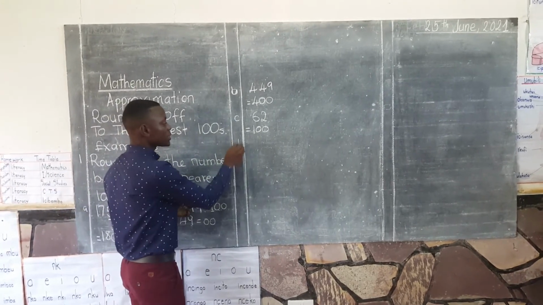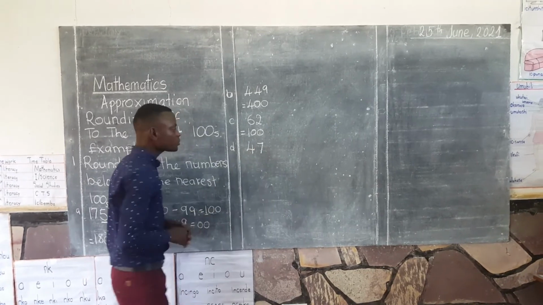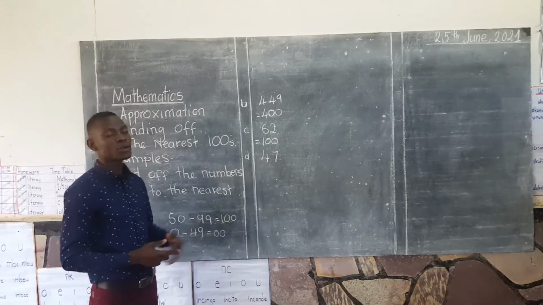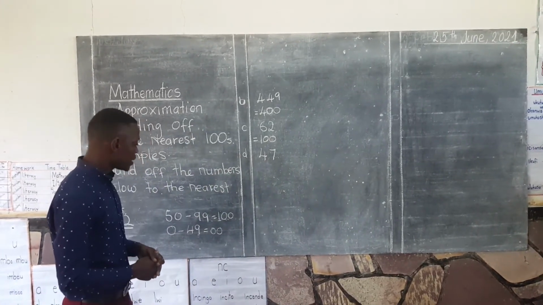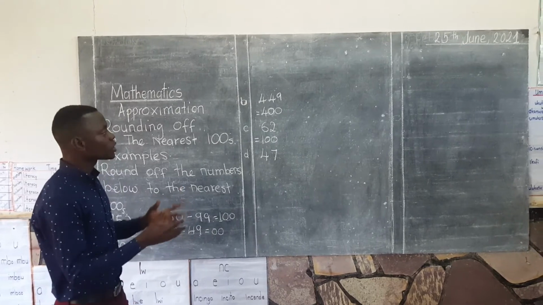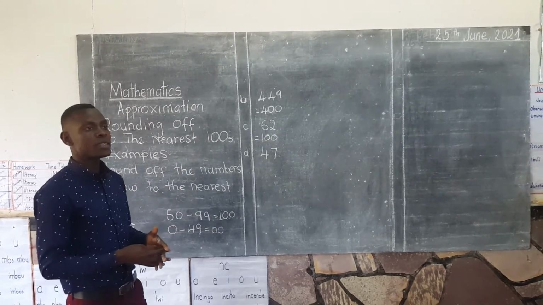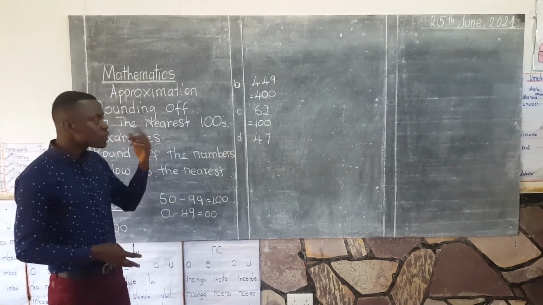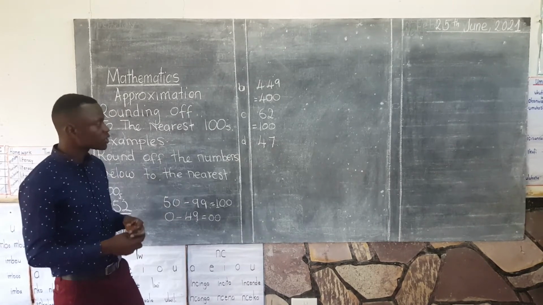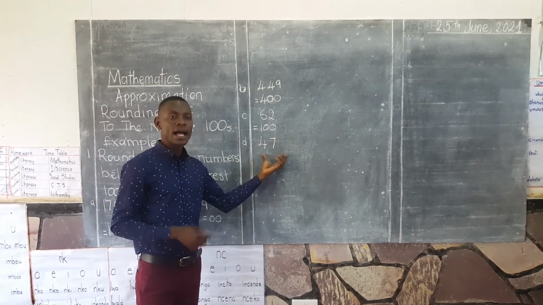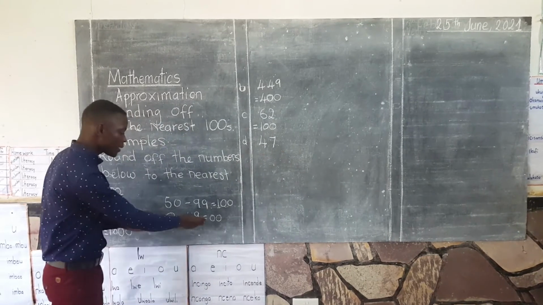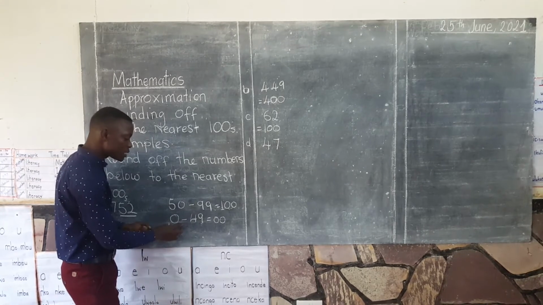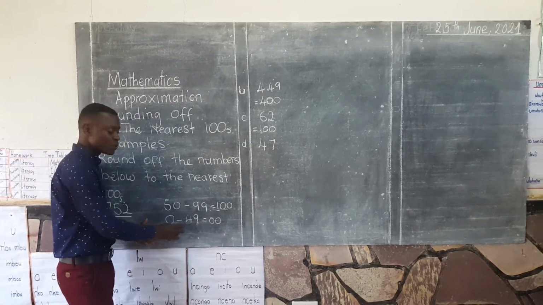Let's also look at this number 47. 47 is also a number which has been asked to say, can you round off 47 to the nearest hundreds? So all these questions we are answering, they are taking us back to the principles that we introduced earlier. So we'll ask ourselves the same question: is 47 between 50 to 99, or is it between 0 to 49?